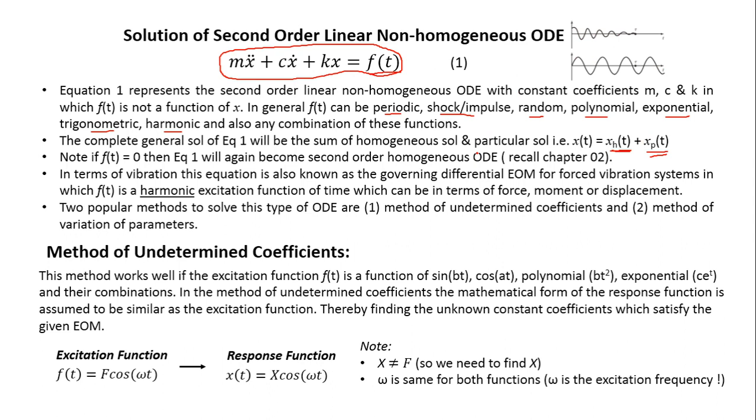Now in chapter number 3, that is forced vibration, we are going to assume that the homogeneous part of the solution is not going to be dominant, okay, and it is not going to play a significant role in the total solution. Therefore we are only concerned with the particular solution, and we ignore this homogeneous part of the solution. However, you should remember and keep in mind that there can be certain cases in which the homogeneous part of the solution will also remain significant.